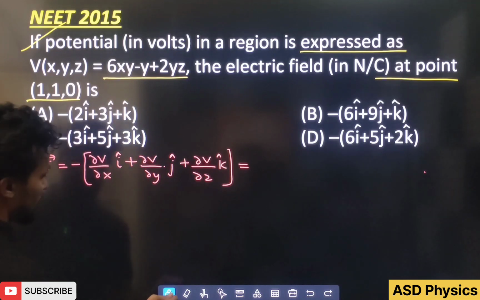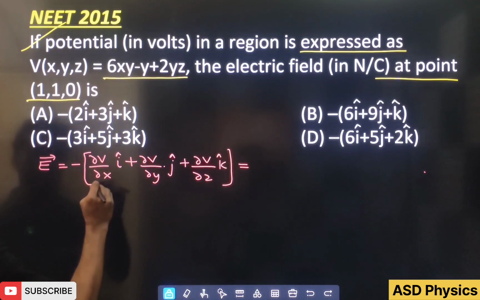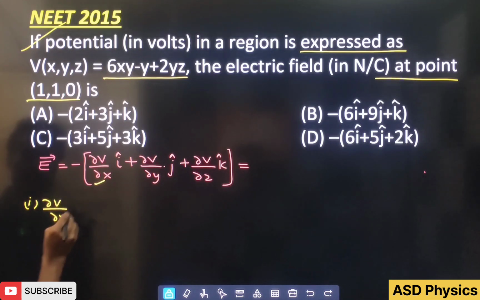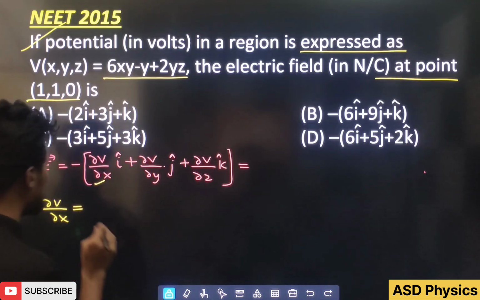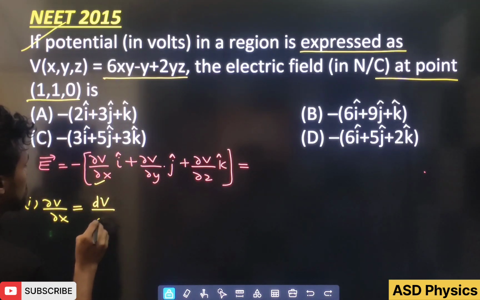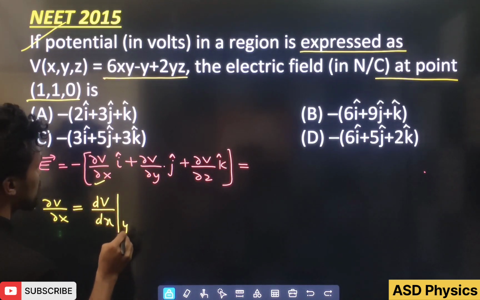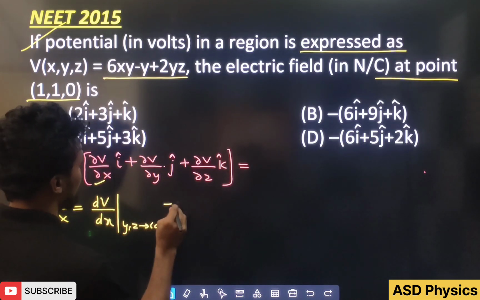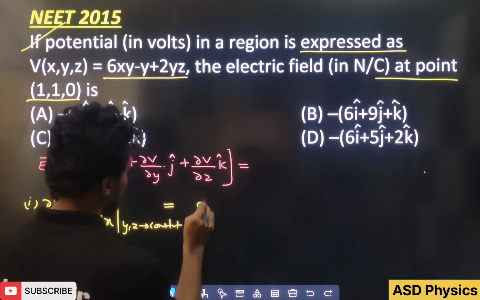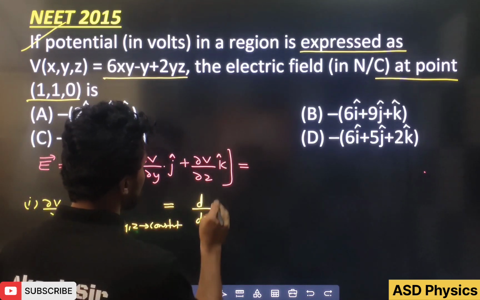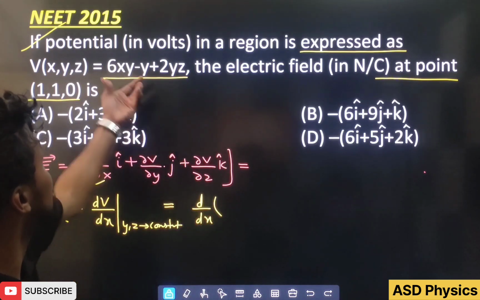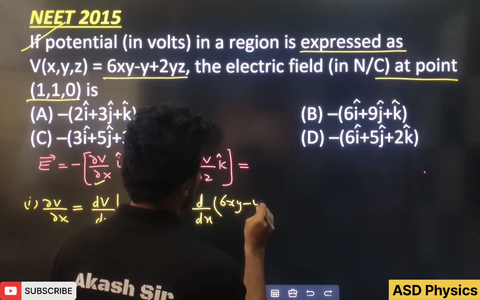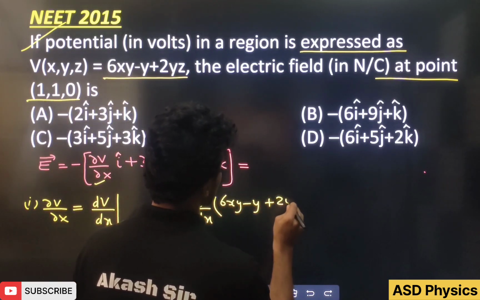Now students, let's see one by one. First we are going to calculate del V by del x. Even in our gravitation videos I have done this, but okay. This means dV by dx, and y and z are constant. So d by dx of the value of V, which is 6xy minus y plus 2yz.